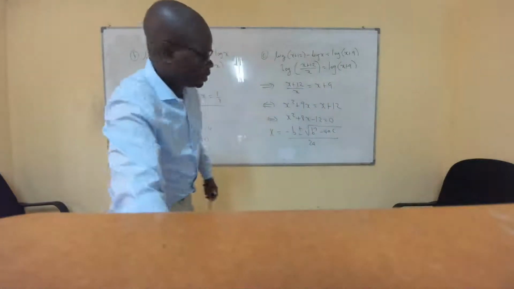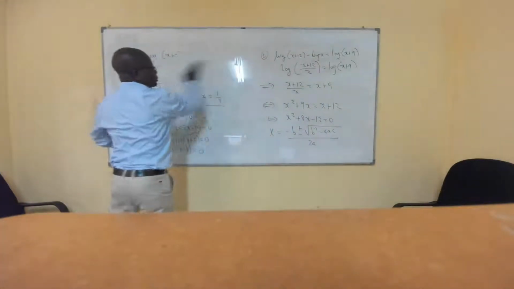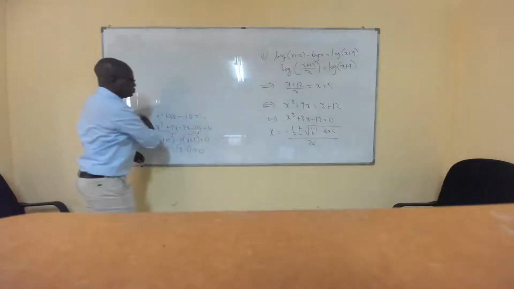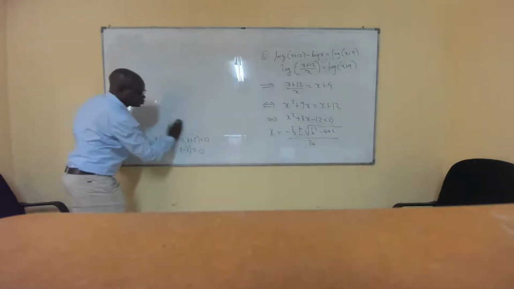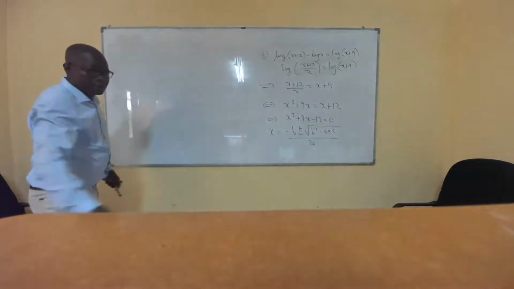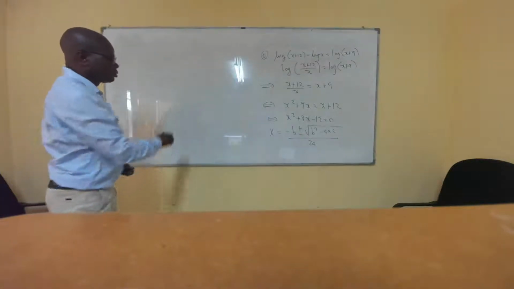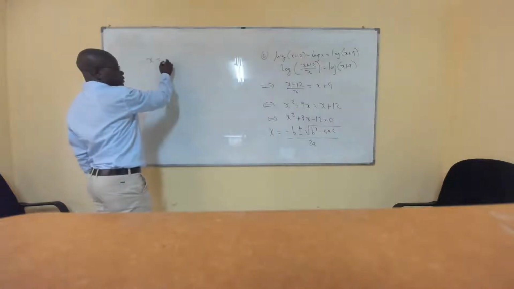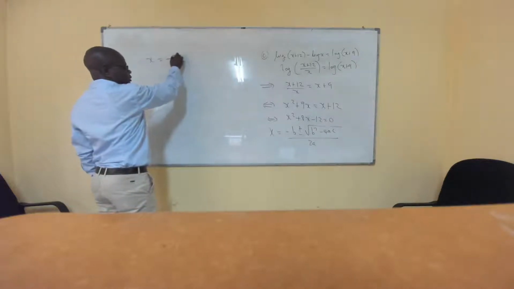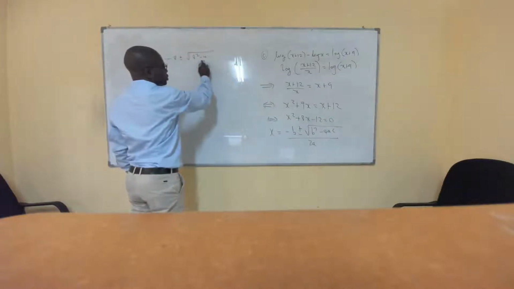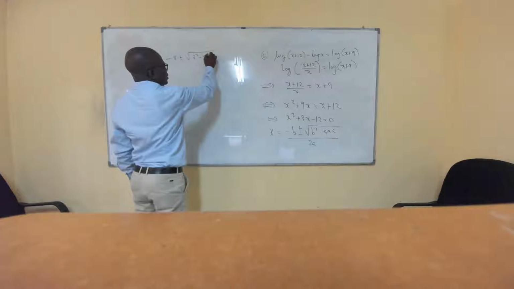So if we plug in, we are going to have x equals, b is 8, so minus 8 plus or minus the square root of 8 squared minus 4, a is 1, and now c is minus 12.